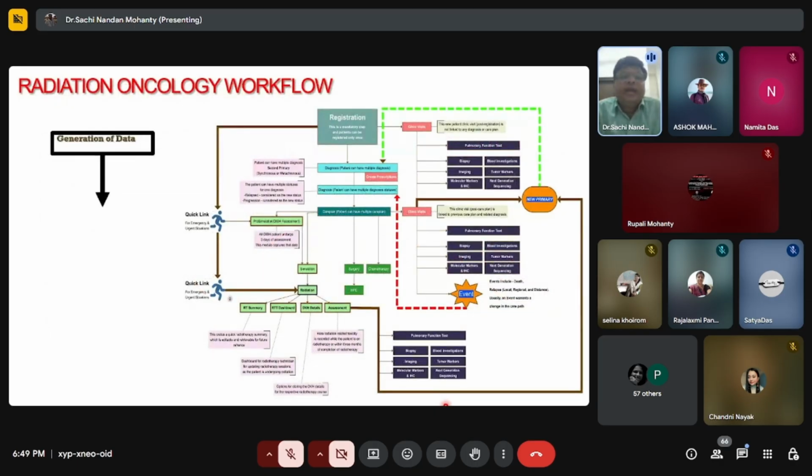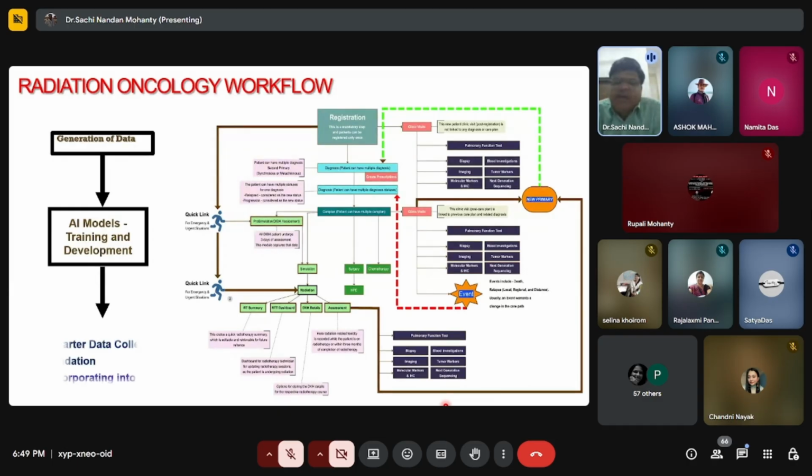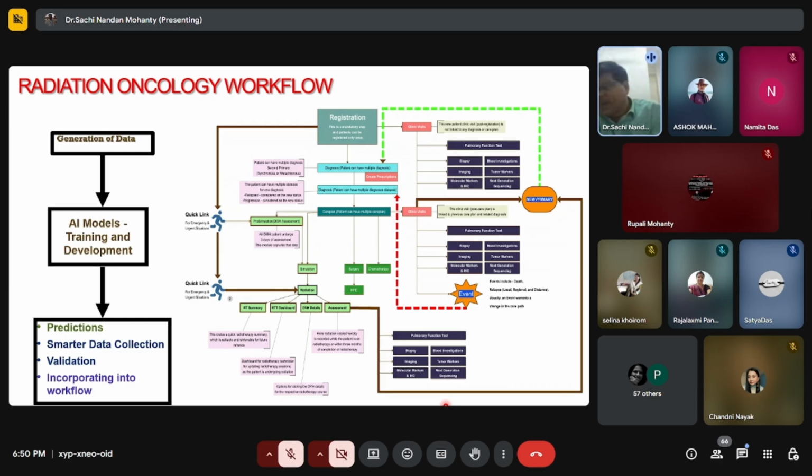Now, radiation oncology plays one of the major roles in the treatment of cancer patients. Radiation oncology basically dates from 1980 onwards, before clinical trials, people were finding out in 1980.